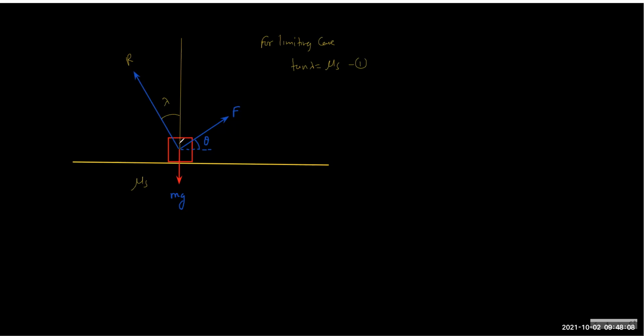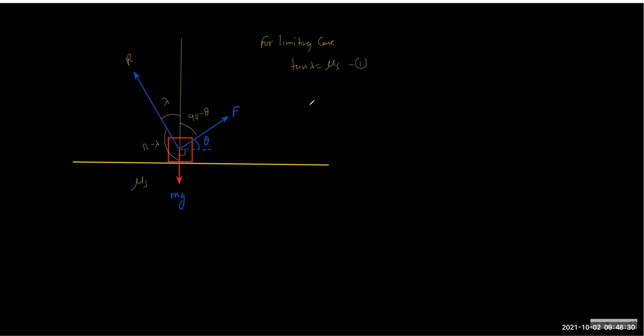And now because the system is in equilibrium, we can write Lami's theorem, whatever you want to call it. So this angle is phi minus lambda. This is 90 plus theta, and this angle is 90 minus theta.